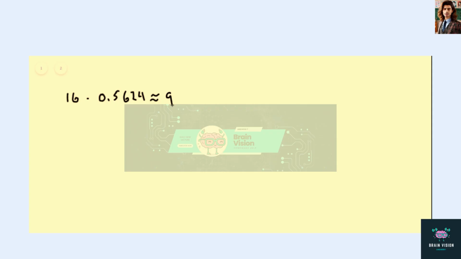This is very close to 9. So n equals 4, which is to say n squared equals 16, and 2n plus 1 equals 9.